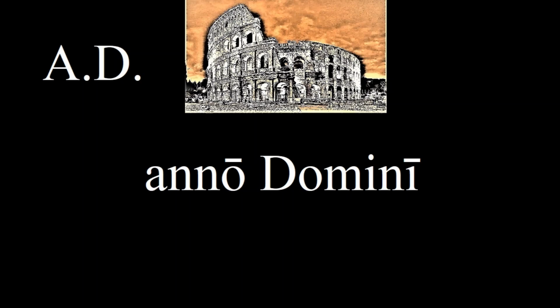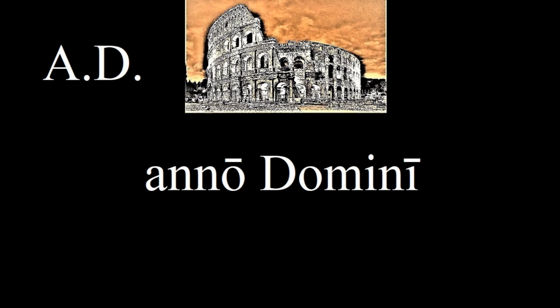If you followed the lessons on this channel, you know that Dominus means master. And Domini is which case? The genitive case. So this means of the Lord. And then anno is the ablative form of annus, or year, where we get the word annual. So this is like a location in time, or in the year.